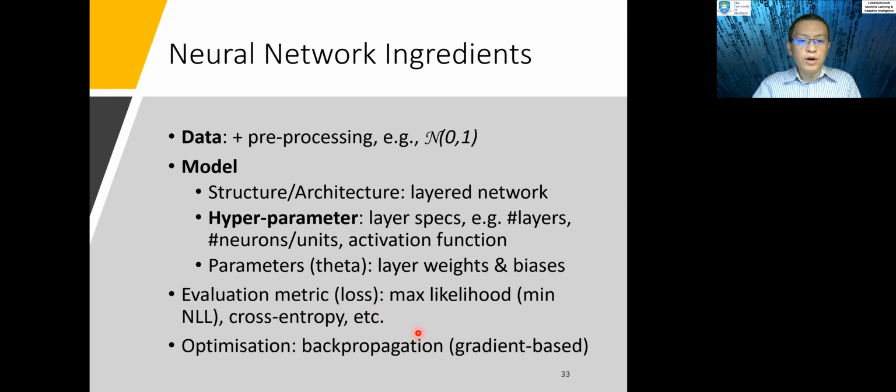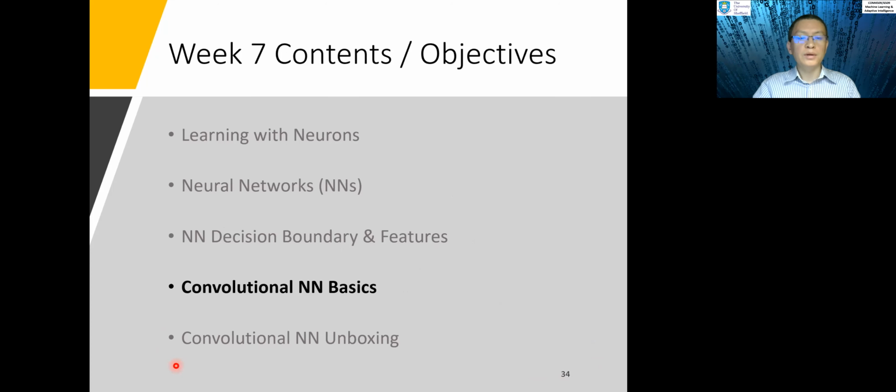And for optimization, we use backpropagation, which is a gradient-based optimization method. So in the next two sessions, we will look at convolutional neural networks and how they operate and generate predictions.